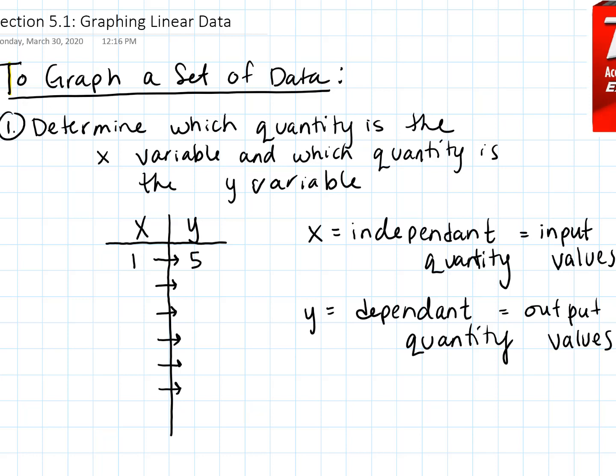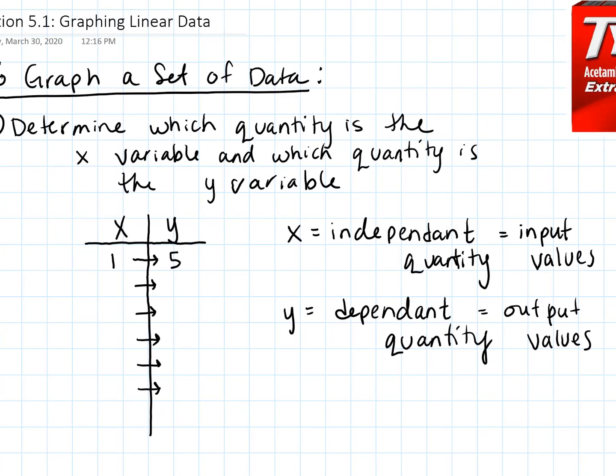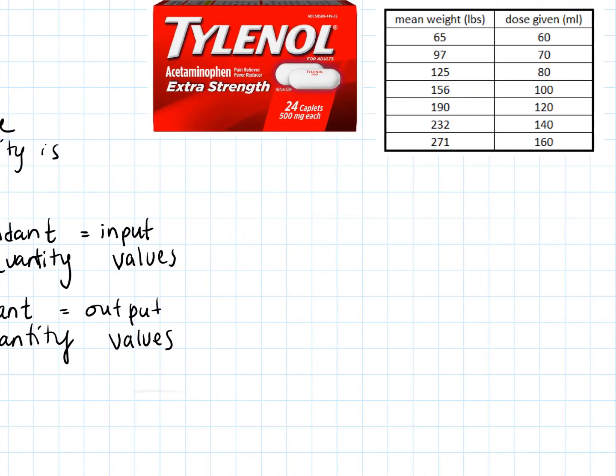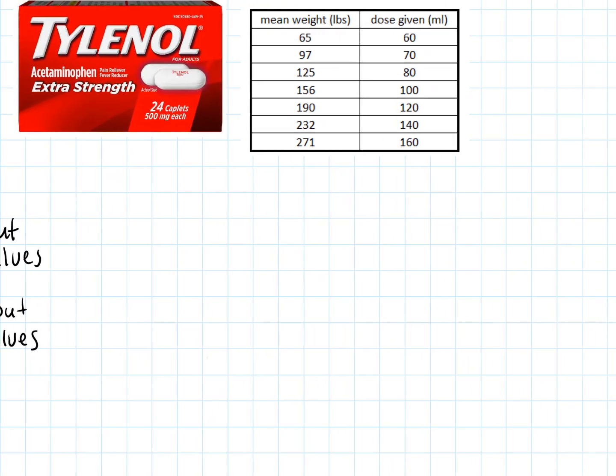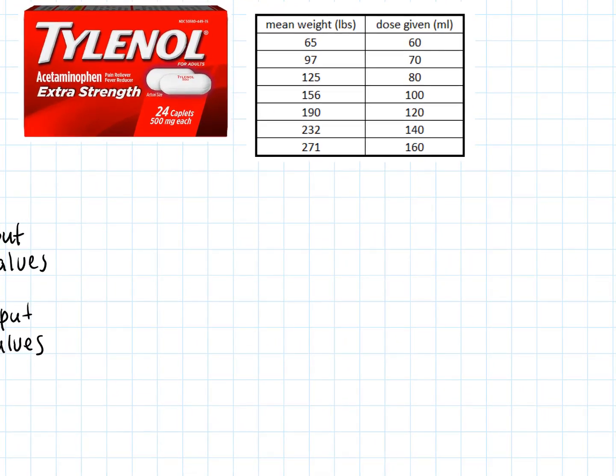But in the context of real world data, what does that look like? That's the first thing we have to do, figure out what's X and what's Y. So let's come over here, and I have an example set up for us to look at. In this particular example, we're looking at dosing.